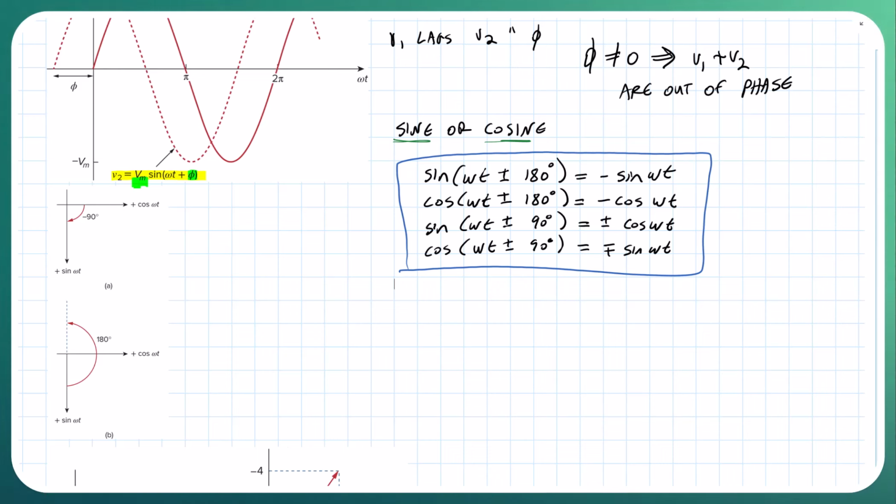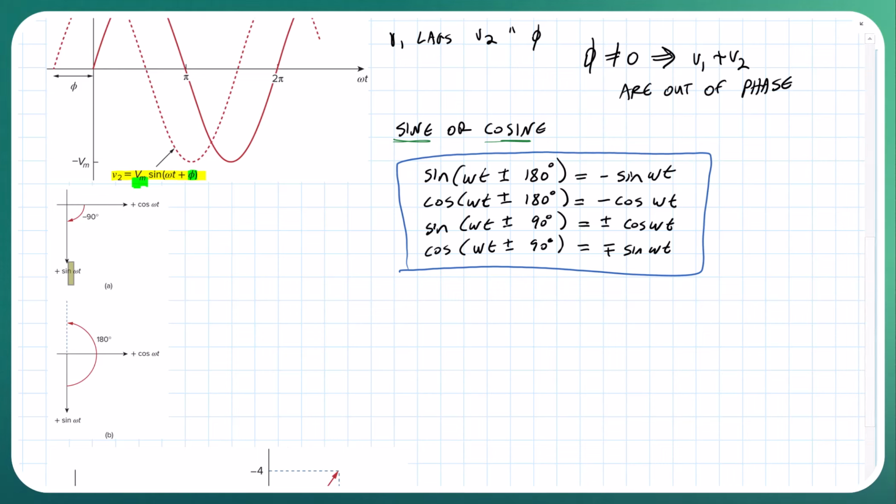Before we move on to complex numbers, I do want to say that you can actually see these in a graphical approach. Here on the left side, we have the relationship between cosine omega t and sine omega t.